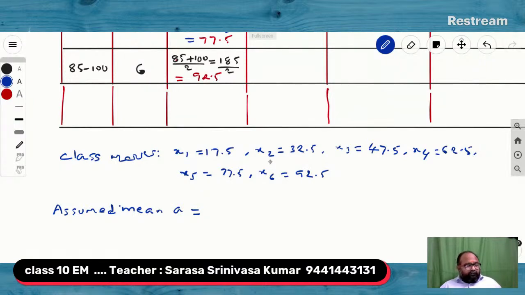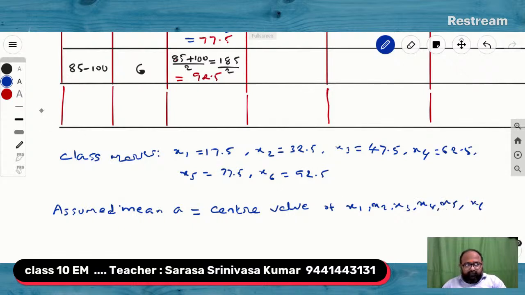Assumed mean A equals the center value of x1, x2, x3, x4, x5, x6.